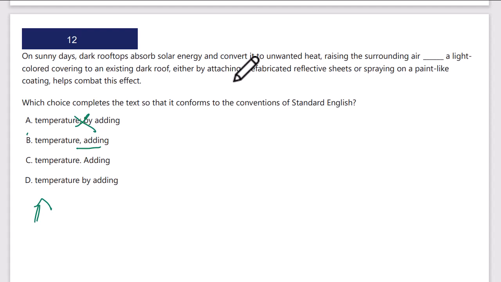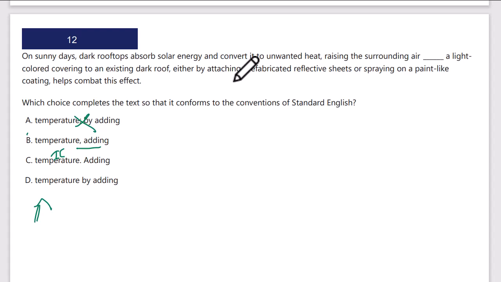Raising the surrounding air temperature by adding colored covering to an existing dark roof, either by attaching prefabricated reflective sheets or spraying on a paint-like coating that helps combat this effect. Okay? What if it were a separate sentence? They raise the temperature on sunny days, solar heat and convert it to unwanted heat, raising the surrounding air temperature. Okay, that's an independent clause. And then adding a light color covering to an existing dark roof, either by attaching it or spraying on paint, helps combat this effect.